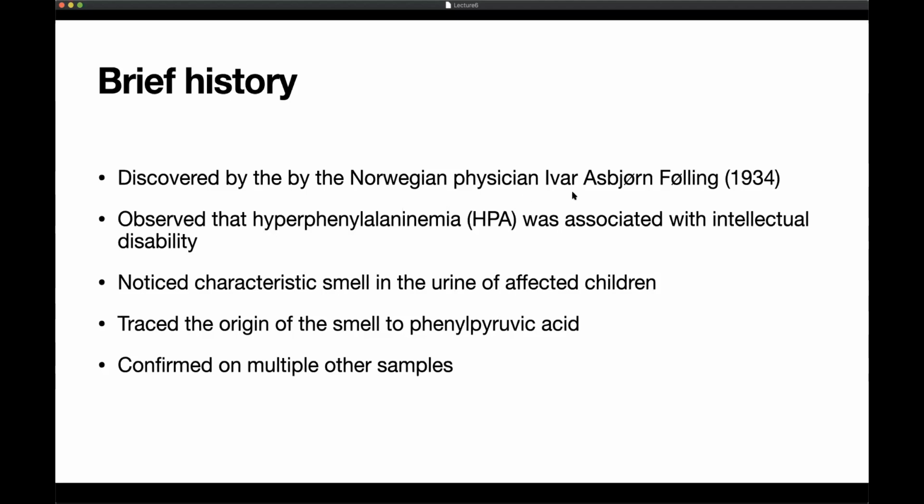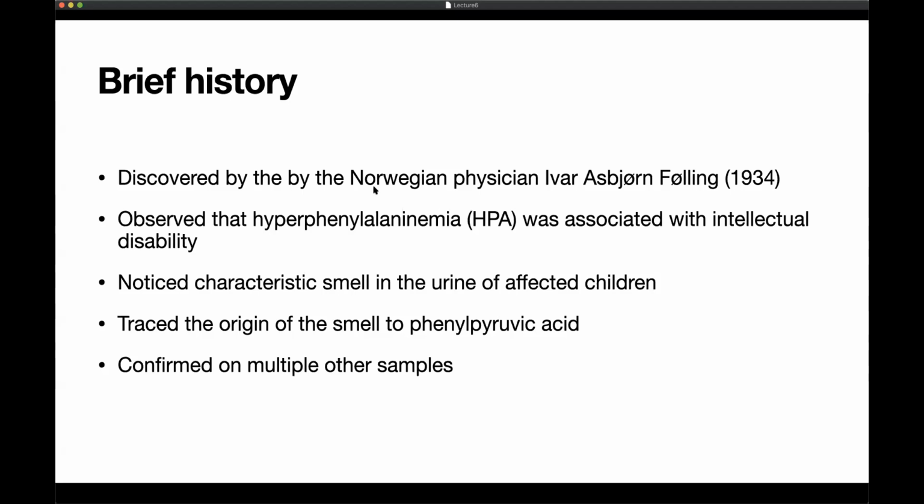This particular one was discovered by the Norwegian physician Ivar Folling in 1934. The way this was discovered is very characteristic of early, pre-sequencing genomics.